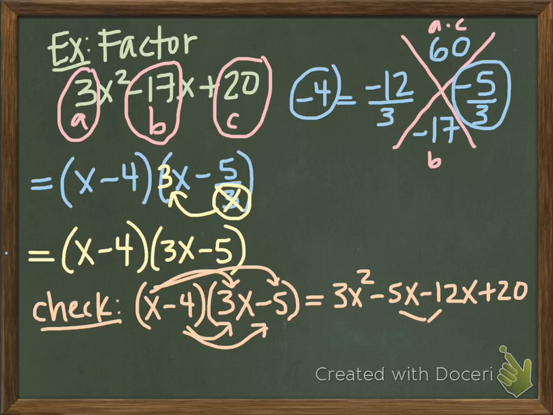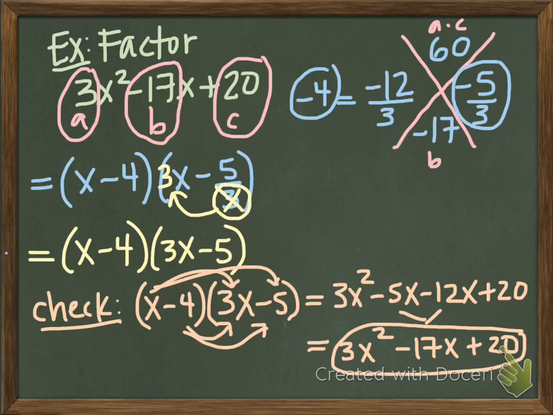Combine those two middle terms, negative 5x and negative 12x, to make negative 17x. Bring everything else down. And this matches this up here, which means that the binomials I found were correct.